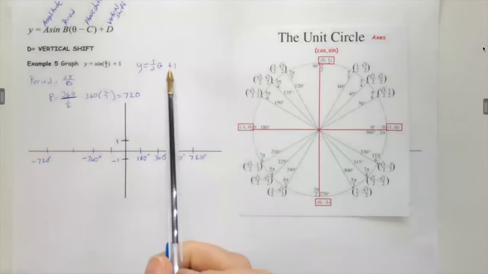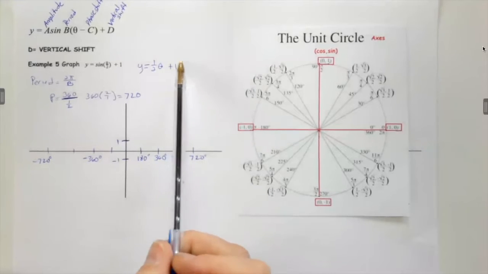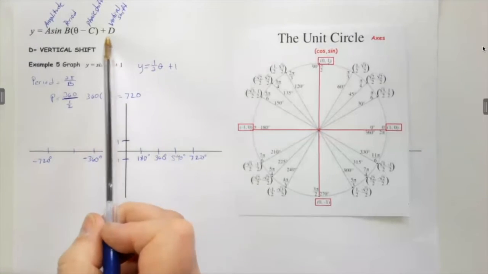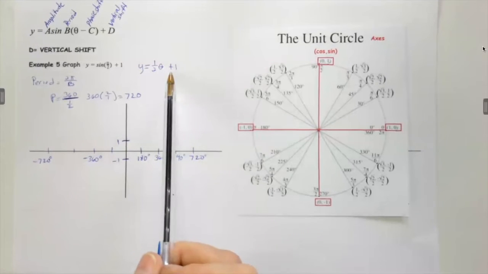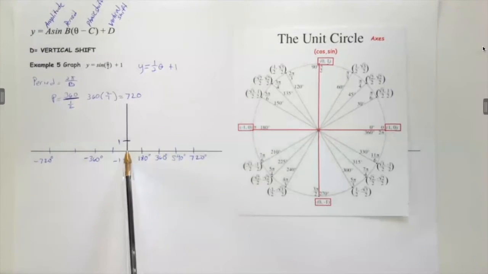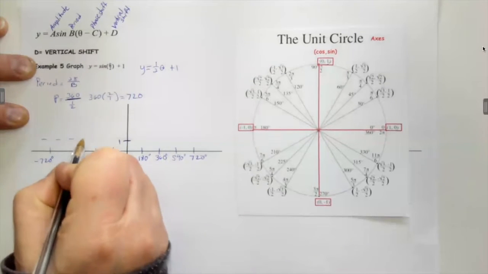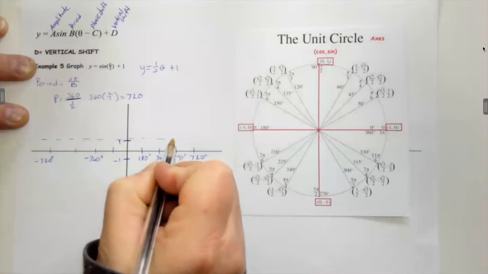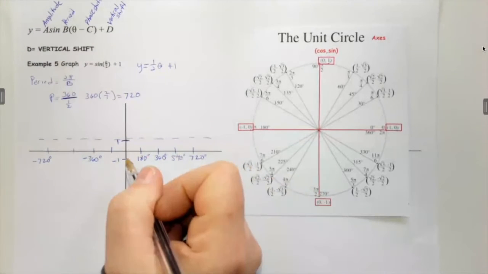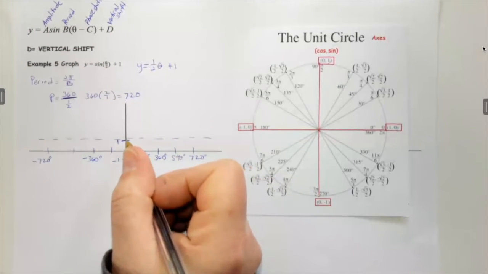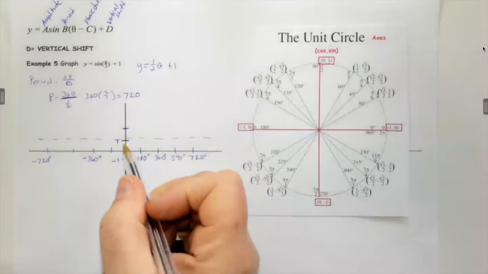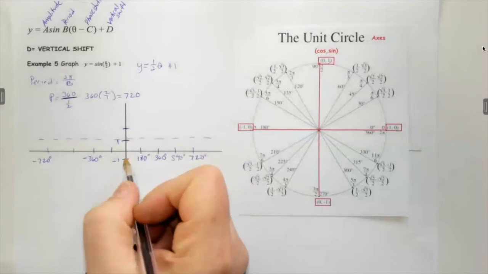The next thing I would like to look at is the vertical shift. The vertical shift, D: this function is being shifted up 1 unit. So here's the origin. We are shifting up 1 unit. My amplitude is fluctuating by 1. My amp is 1, so that means 1 above and 1 below.